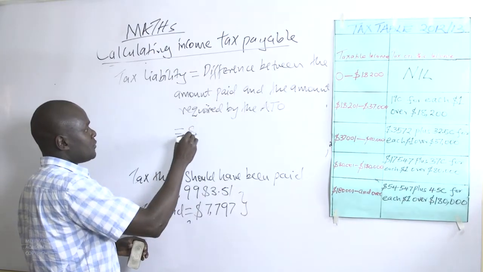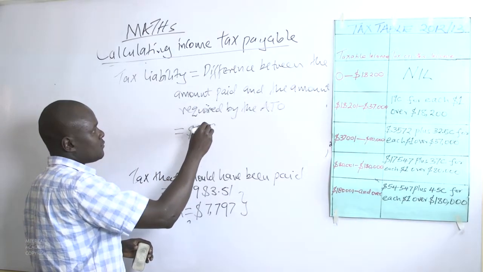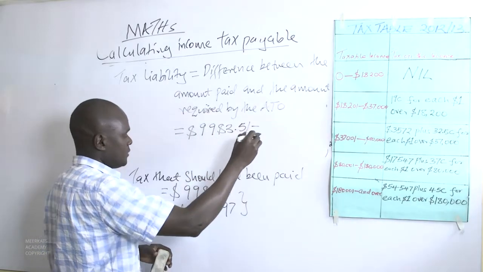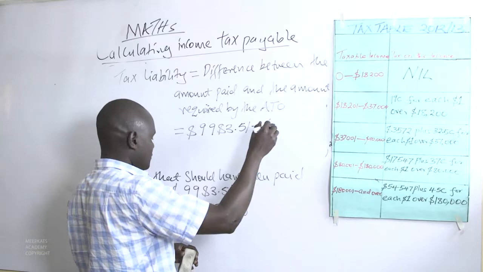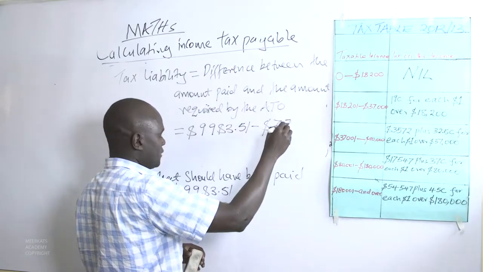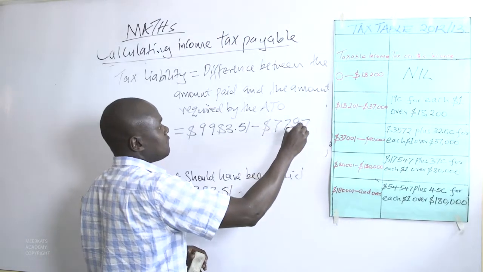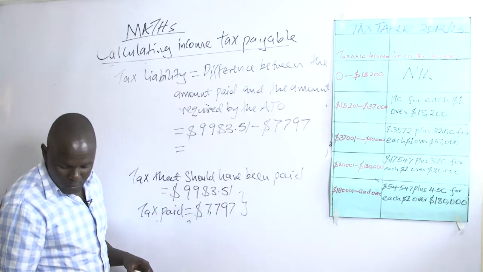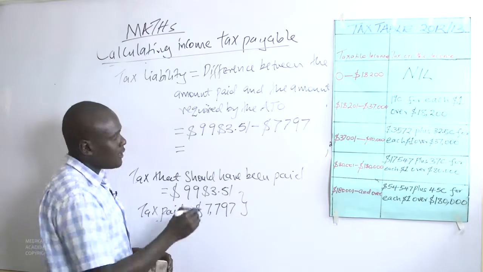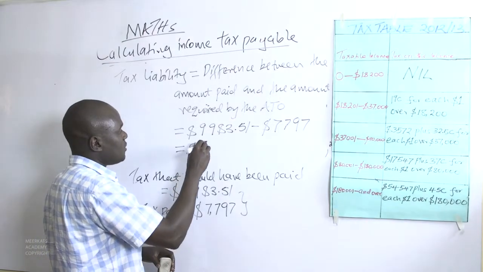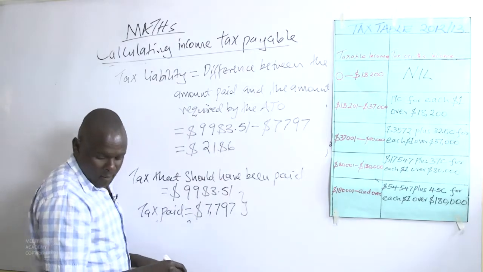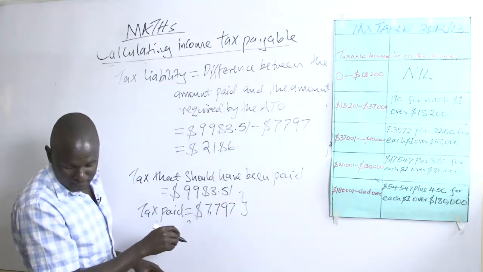So this will be the difference between 9,983.51 and what was paid, which is 7,797. So Richard's tax liability is to the tune of $2,186.51.